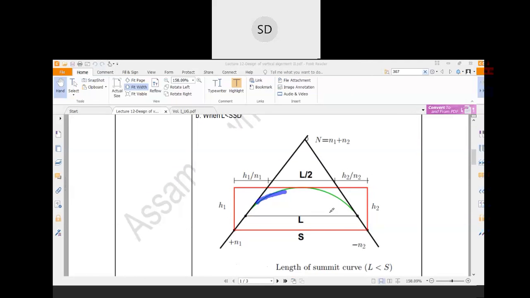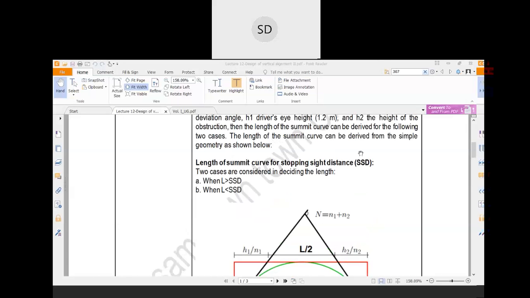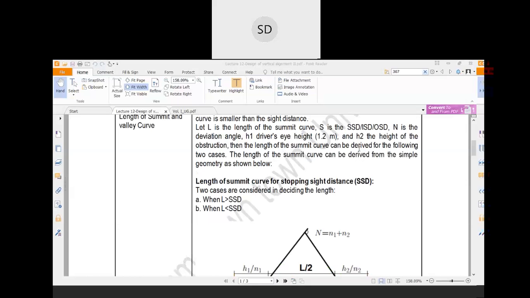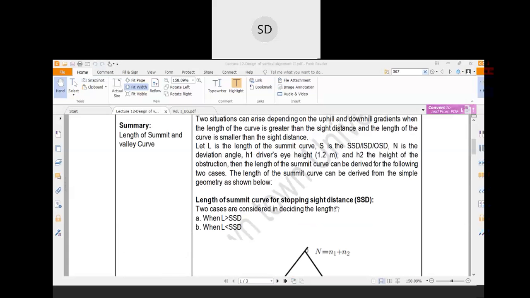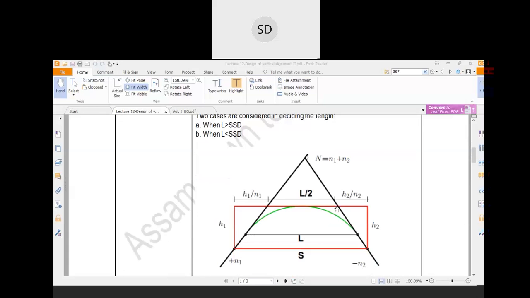Now in the summit curve, h1 is the height of the eye, which you know as 1.2 meter, and h2 is the height of the object from the pavement surface. And this h2 is considered as 0.5 meter, as you have remembered from your previous classes.